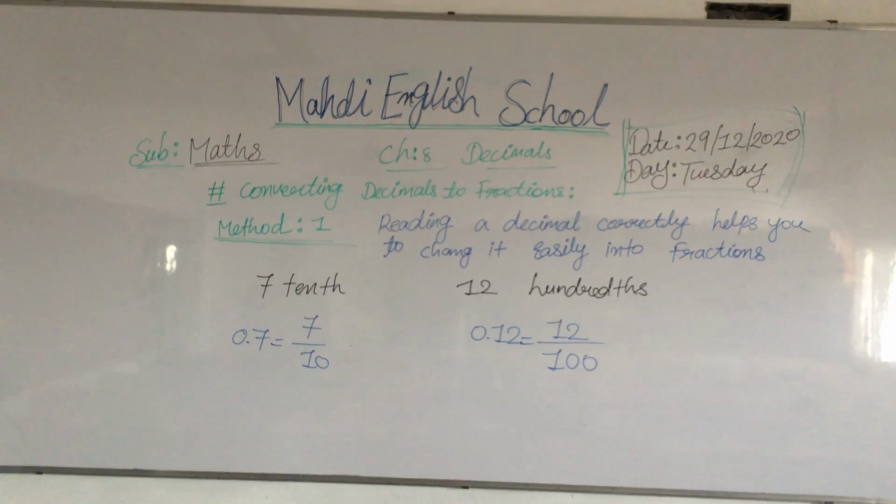So again I repeat, method number 1: reading a decimal correctly helps you. What, my dear students? This is 7 tenths, it shows the decimal 0.7. Got my points, my dear students?